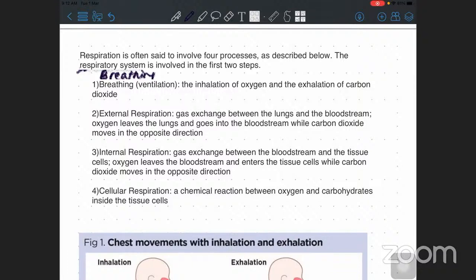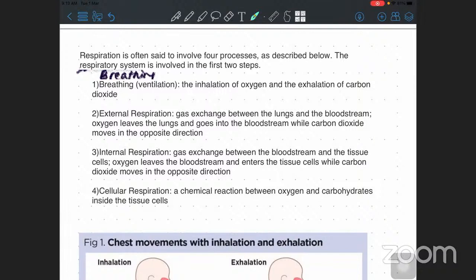So these two actually relate to our breathing, whereas number 3 and number 4 do not. They are about the third and the fourth stages of respiration. Internal respiration means the gas exchange between the bloodstream and the tissue cells, with carbon dioxide moving in the opposite direction.